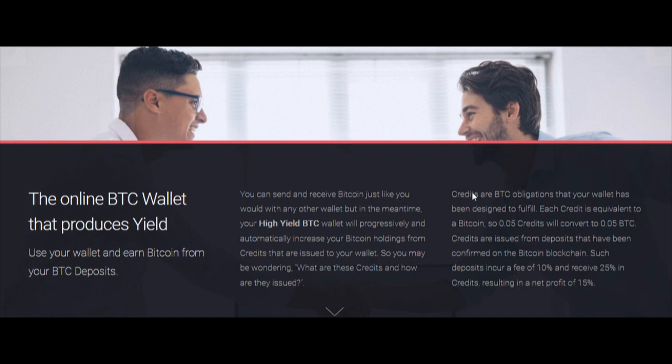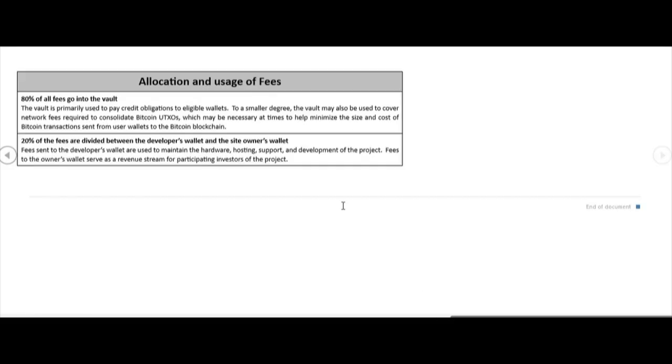They're nothing more than BTC obligations. So when you receive a credit, the credit is the same as a Bitcoin. That's never going to change. It's just an obligation that the system knows: I need to pay this wallet this much in Bitcoin over the course of time. So 80% of all of the fees apply to that.